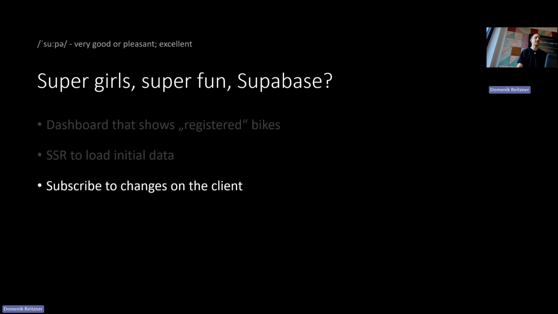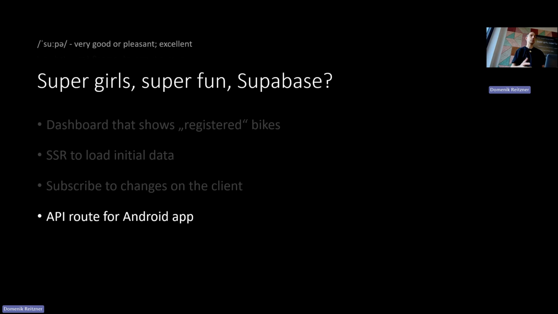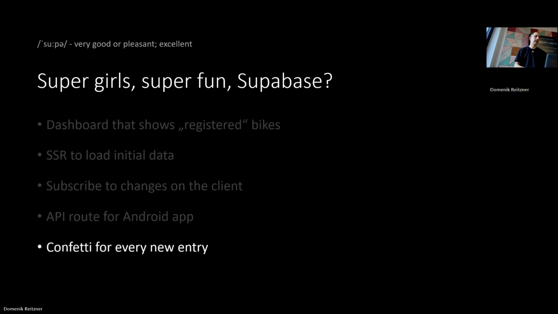It's also super easy to subscribe to changes on the front end, on the client, and I'll show that in code. It's really easy to set up. And of course, we need an API route for the Android app to connect to. And we need, of course, confetti for every new entry that reaches our dashboard.